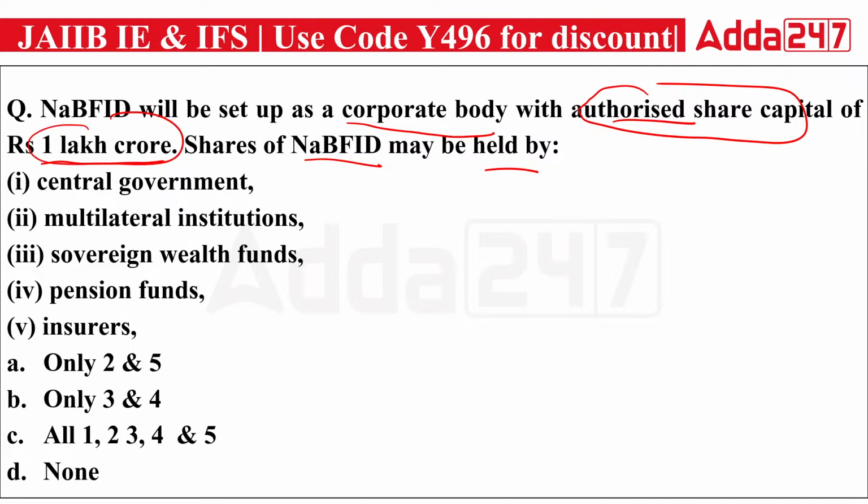Now you have to answer, the shares of NaBFID will be held by whom? Like in the RRBs, the shareholding is with the central government, state government, and sponsored banks. So in case of NaBFID, it will remain with whom? The central government, the multilateral institutions, the sovereign wealth funds, the pension insurers. A, B, C, or D. Who will have funds as a share of NaBFID? A, B, C, or D?